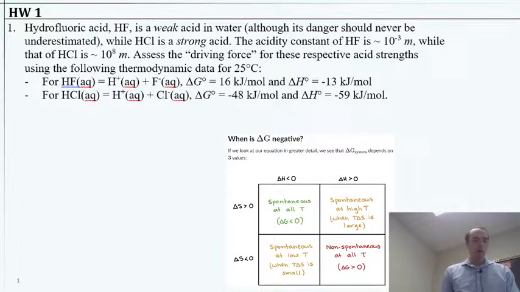Okay, so the first problem, we had hydrofluoric acid, HF. It's a weak acid in water, but we don't want to underestimate its danger. It's not weak in the sense of what it can do, right? Weak in the sense of it stays as HF for a range of pHs in water.